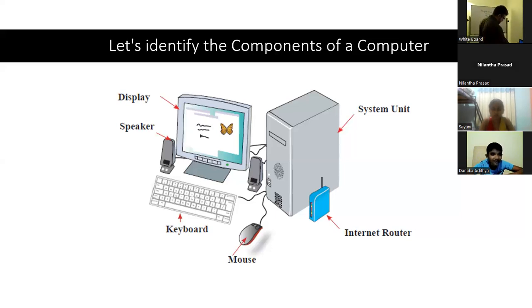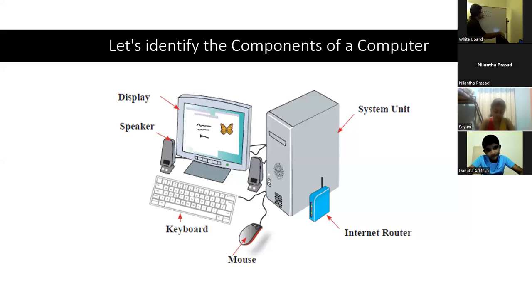Yeah, no, still we are talking about input devices. Dhanuka, I couldn't hear your voice because there should be some signal problem. It's okay. We'll proceed like this, right? There should be some signal problem today.